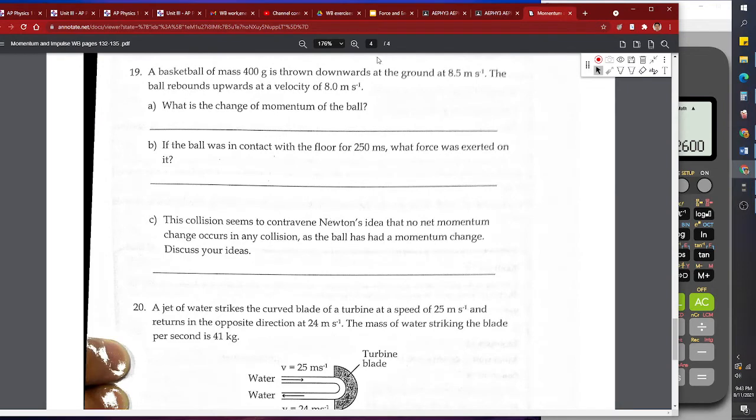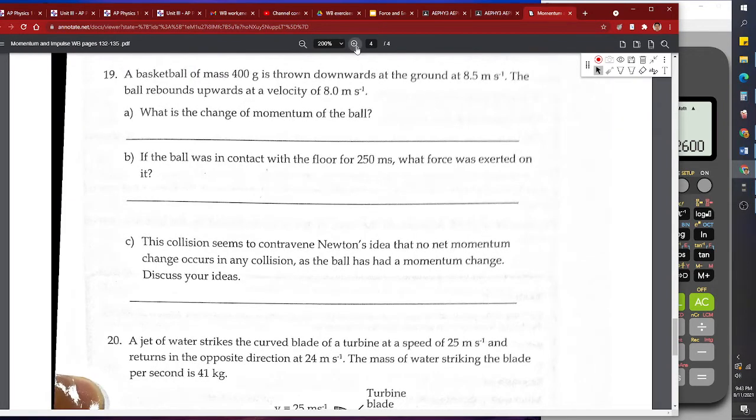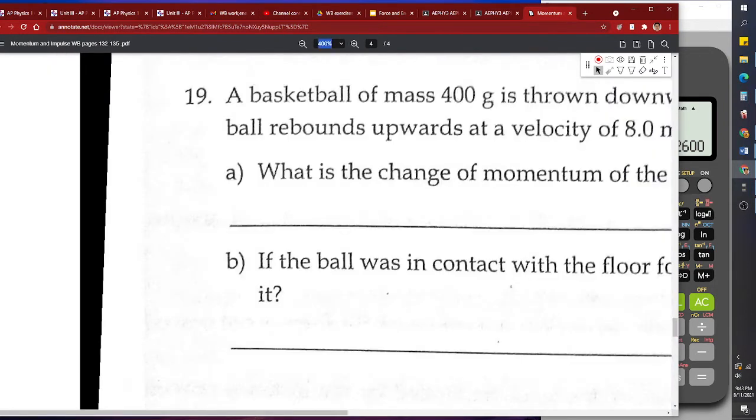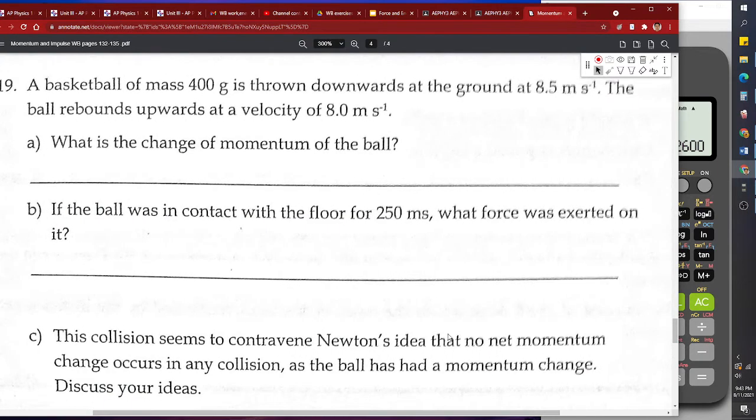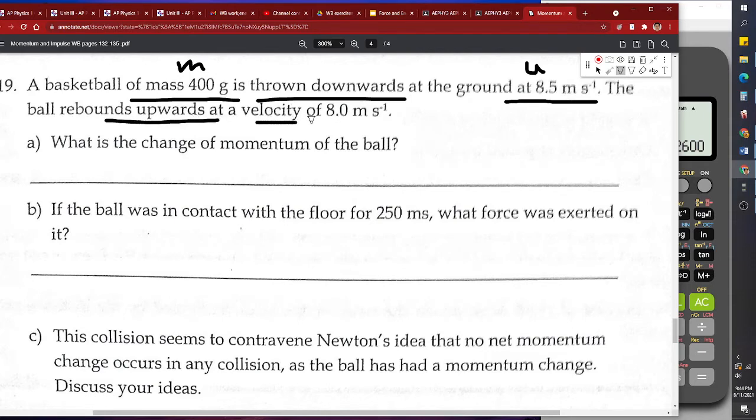So we start off with 19 here. First thing we'll read it and highlight our information. We have a basketball, 400 grams, thrown downwards at the ground at U, and then rebounds at a velocity of 8 meters per second upwards.